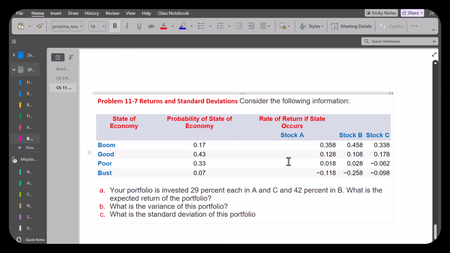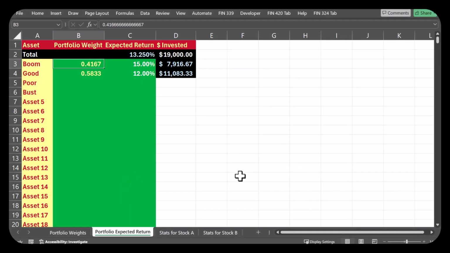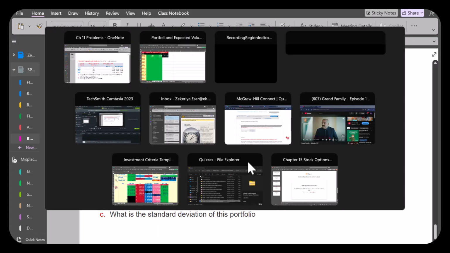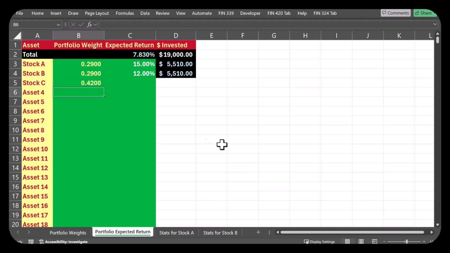And let's remember the weights: 29% in A and C and 42% in B. This is stock A, stock B, stock C, with weights 0.29, 0.29, and 0.42. First, let's do the boom case.